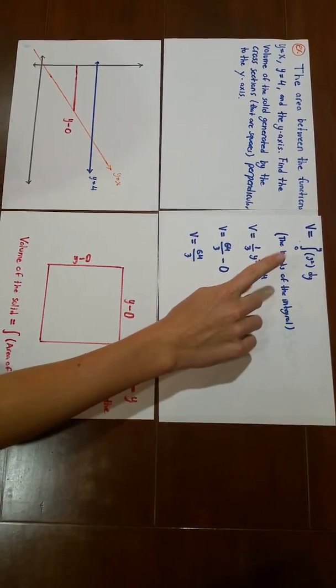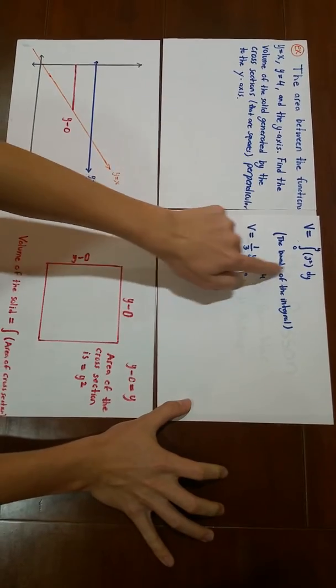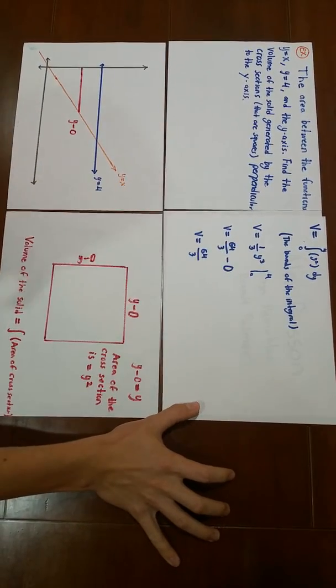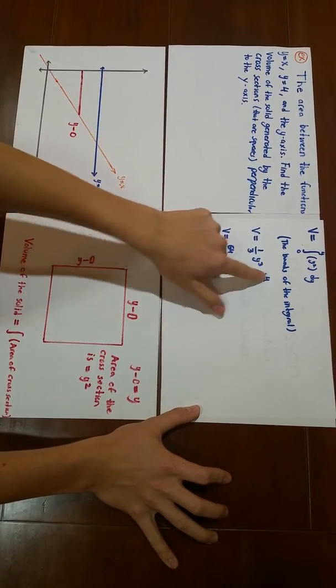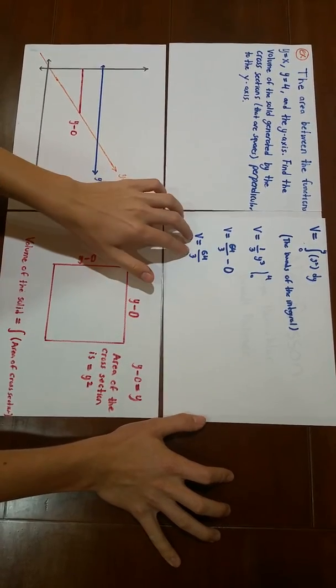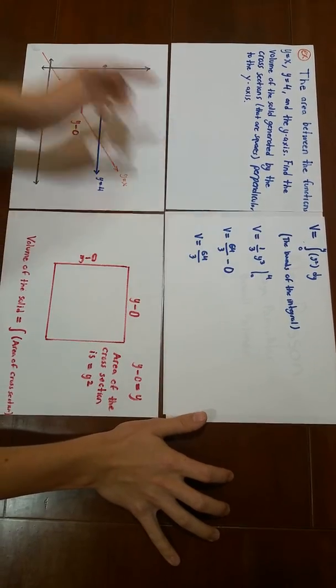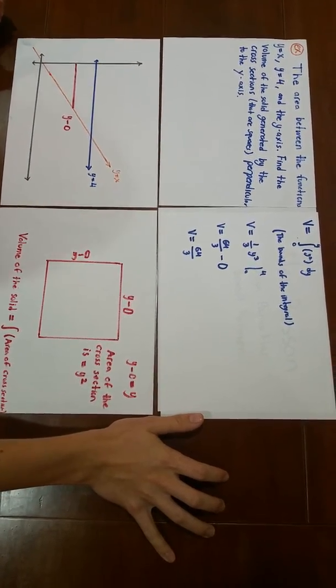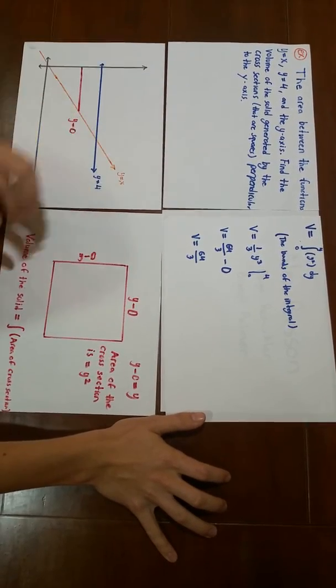Then to find the volume, you find the antiderivative by raising the power and dividing by that power, between the bounds 0 and 4. Then simplify that out, and you get 64 over 3 minus 0, which ends up being 64 over 3.